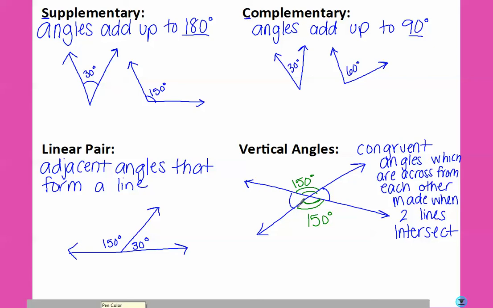Then, because the green angle and the blue angle form a line, we know that this little angle would be 30 degrees because they have to add up to 180.